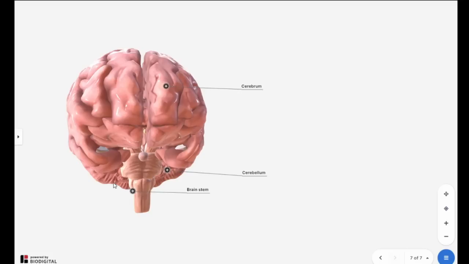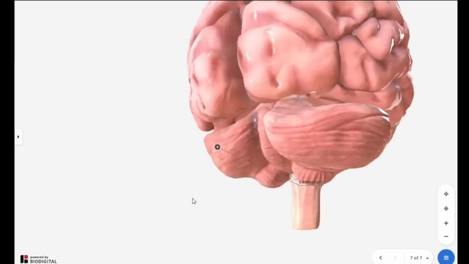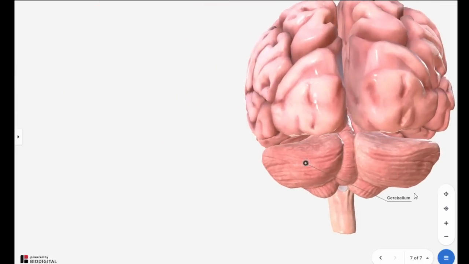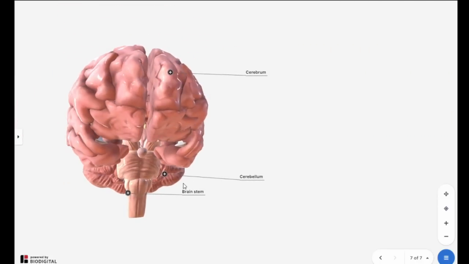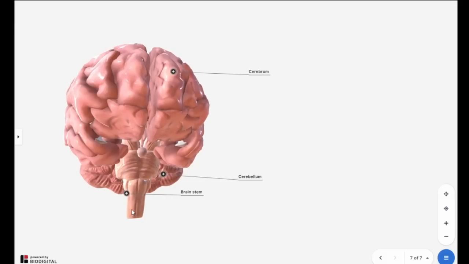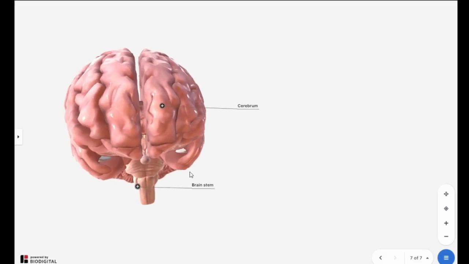The cerebrum, which is the larger part. The cerebellum, which is located at the back or at the bottom. And the brainstem, which appears to be a small stem. So, what are the functions of these parts?